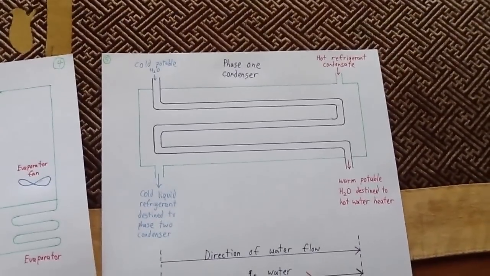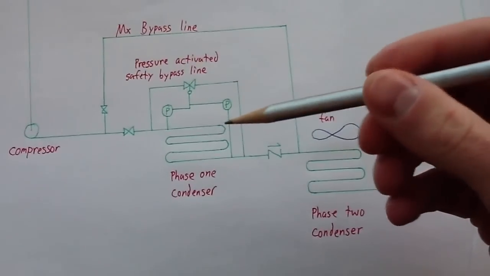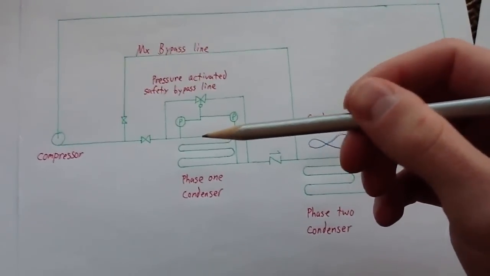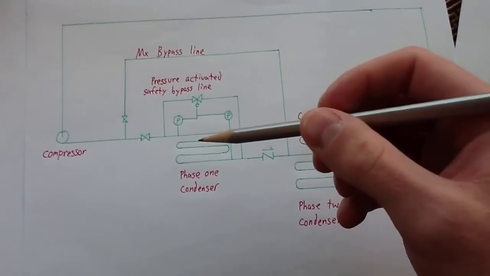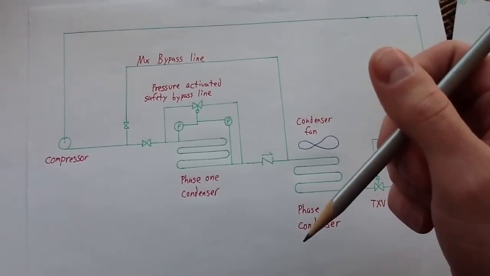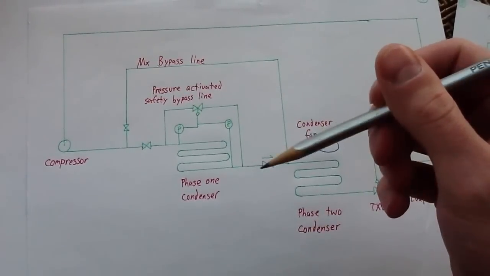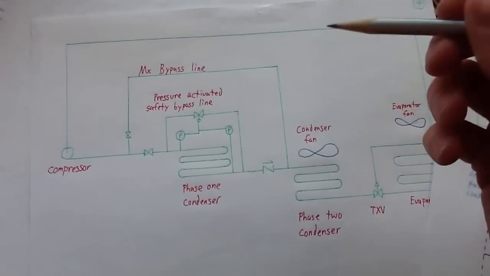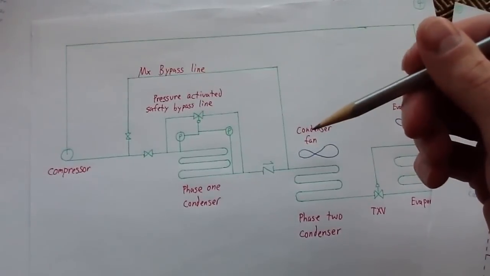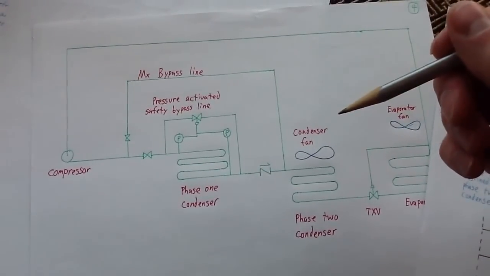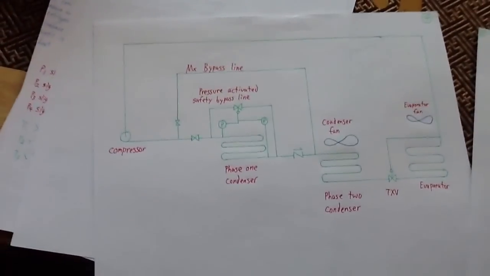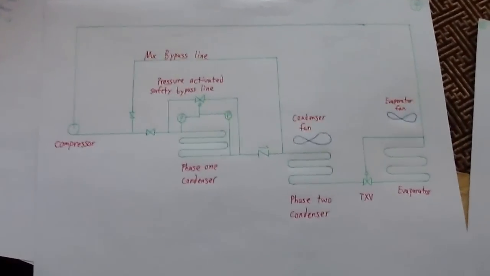So the advantage of this system is that you are basically going to cool the refrigerant. You're going to subtract a significant amount of heat from the refrigerant using potable water, and then because of that heat transfer, you are increasing the temperature of that potable water before it goes to the hot water heater. So there are 3 different ways that this increases the efficiency of the system.